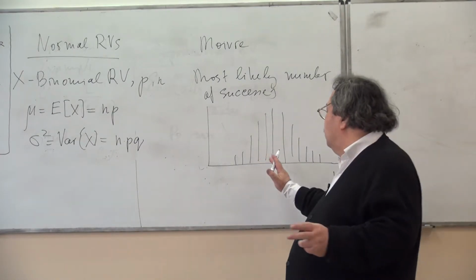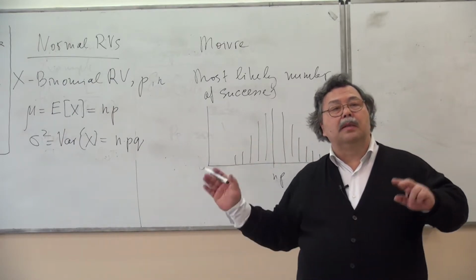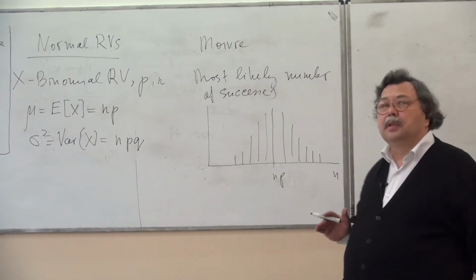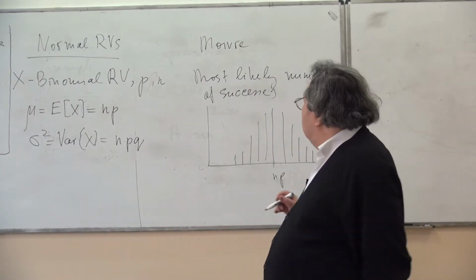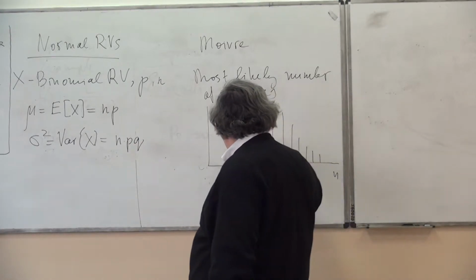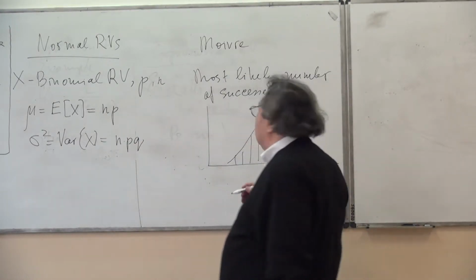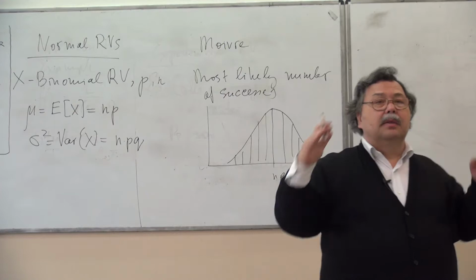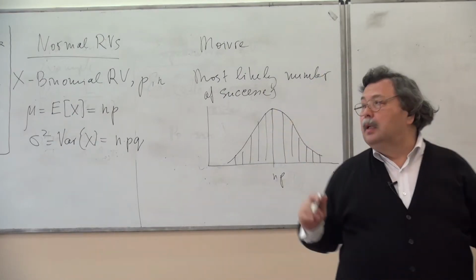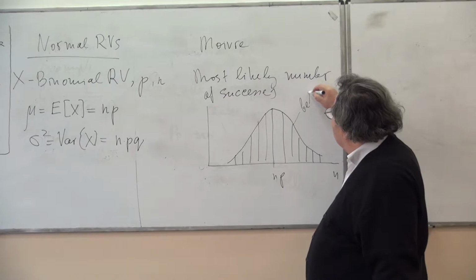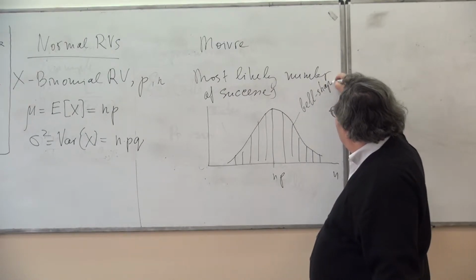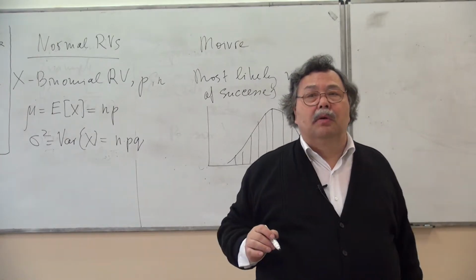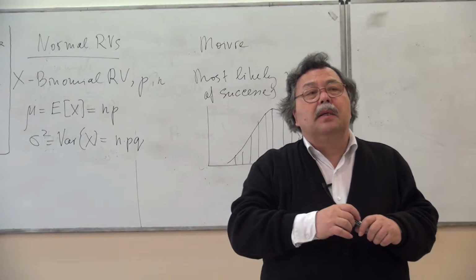And then if we depart from n times p to the right or to the left, these probabilities decrease, fall down to 0. Okay? And if we draw a curve through the tips of these bars, we get a certain shape like this. It's commonly called a bell-shaped curve.